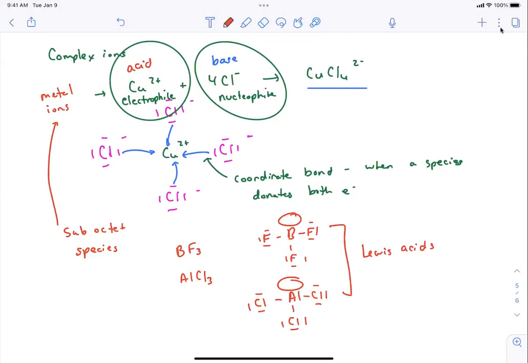Kind of. Because remember, every species wants to have 8 electrons, right? The problem with boron and aluminum is because they don't have enough valence electrons, they can't bond 4 times on their own. They can bond 3, and that means it needs something else to come in with both electrons to bond that 4th time. And so that's why I circled this space up here, because that's where the fourth bond could go.